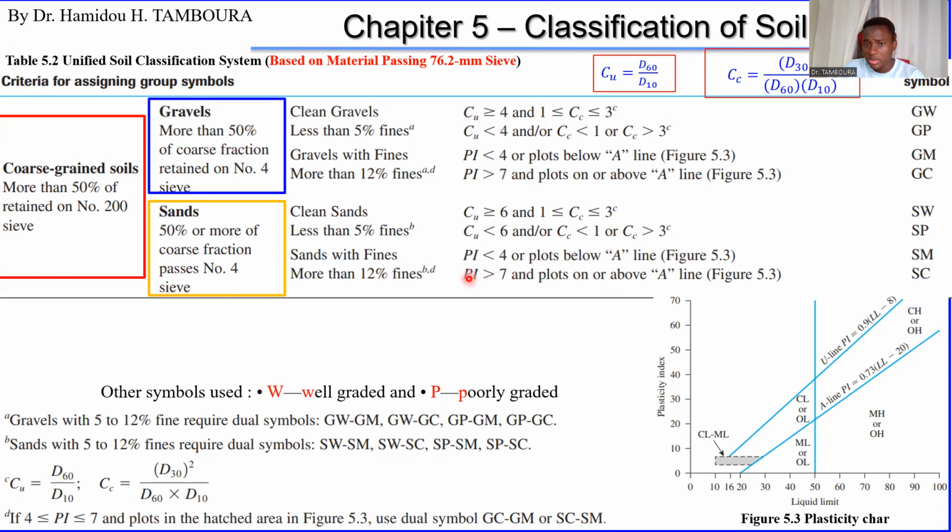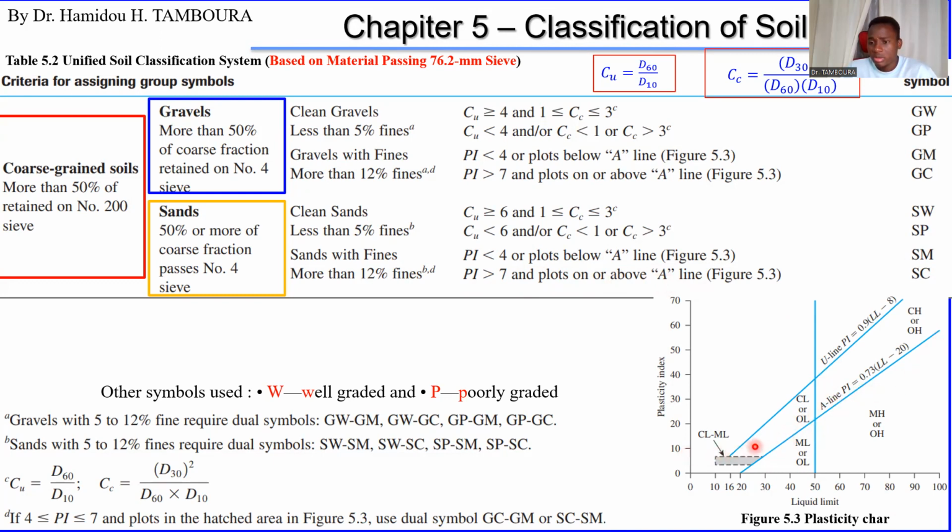Check here, this one is PI higher than 7, and the problem is this one is or, but this one is and. This means these two conditions have to be respected. Otherwise, it will not be what we want. So PI higher than 7 and the plot on or above the line A, this line.